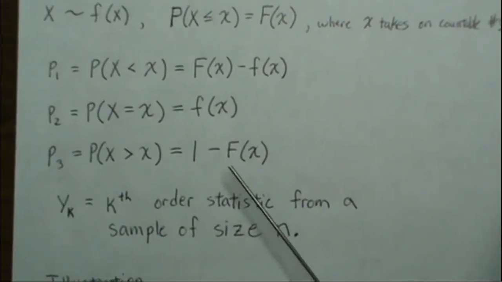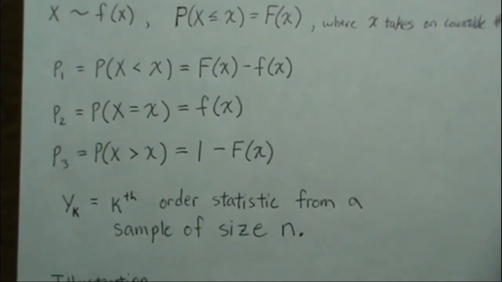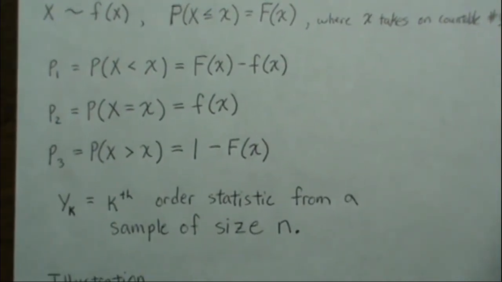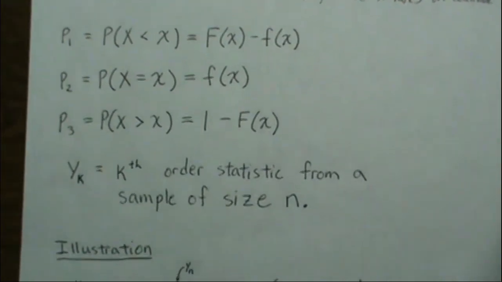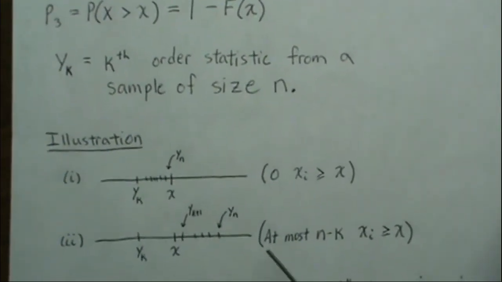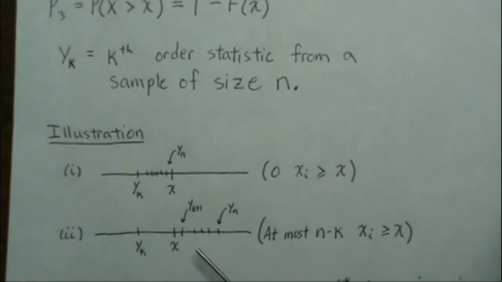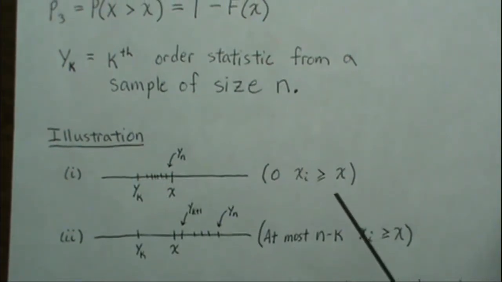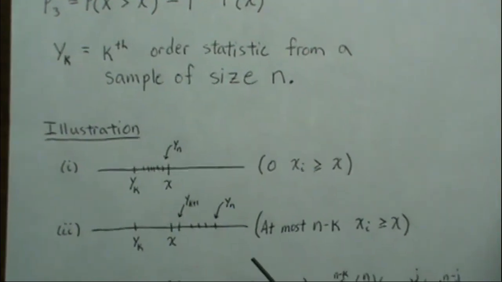So we take 1 minus the CDF plus the density, and that's the probability that any given X is greater than or equal to x. So it turns out that this is a binomial distribution with n, and the probability parameter is P2 plus P3.